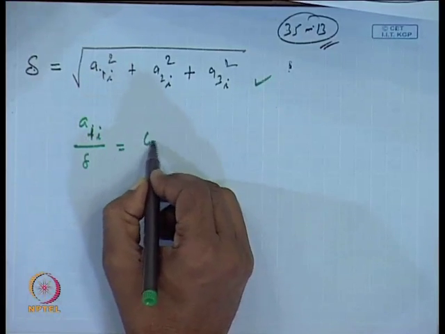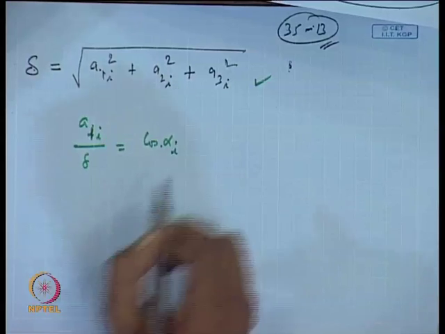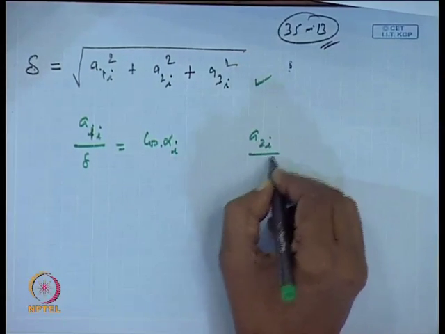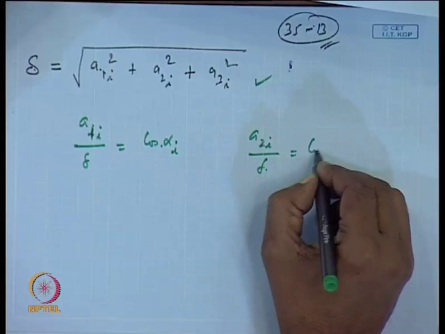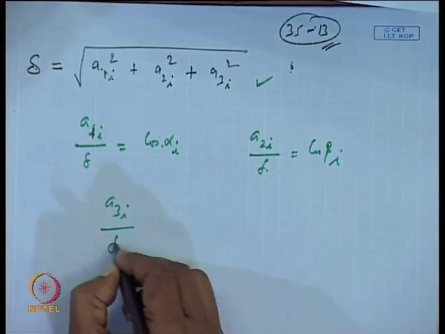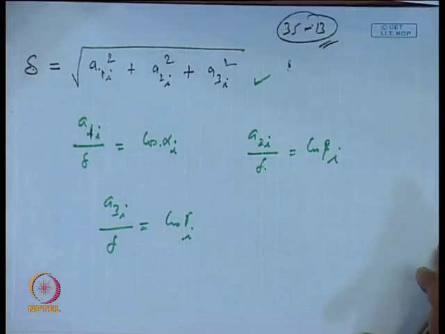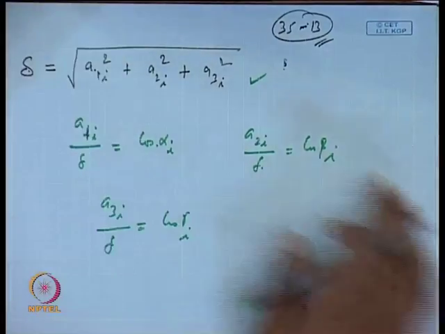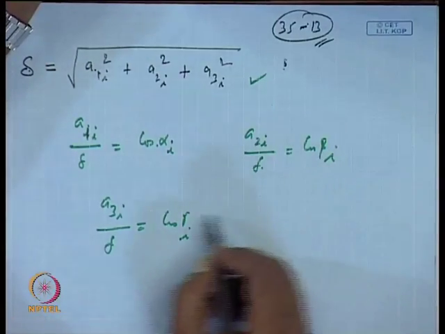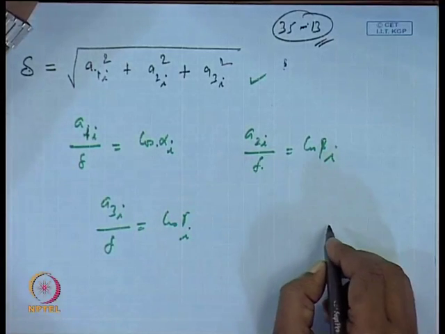So, this we can write as cos alpha I. Similarly, A 2 I divided by delta we can write as cos beta I, and A 3 I divided by delta, this we can write as cos gamma I. Now, you can check that by squaring these quantities and adding, this will give you 1.